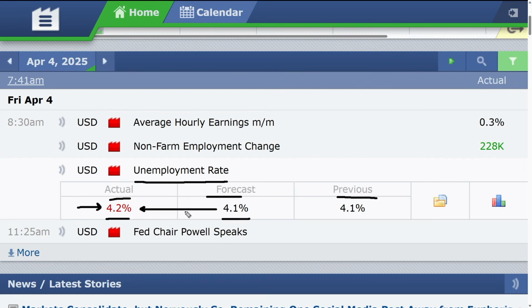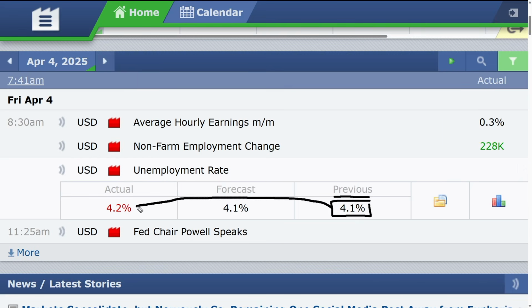Why did it come in red if the number was higher? Well, that's because this is perceived as a negative thing for the US economy. Higher rates of unemployment are considered bearish or negative for the economy, and lower levels of unemployment signify that there's a stronger labor market and more people are employed. And then the same scenario here, the previous number was 4.1%, so we went up in unemployment rate in the actual data.